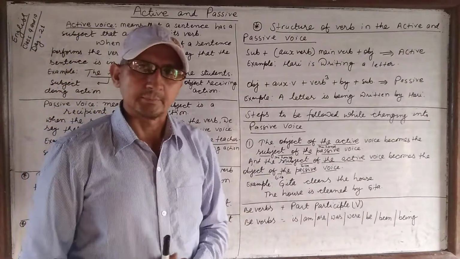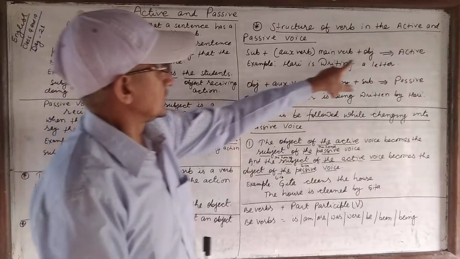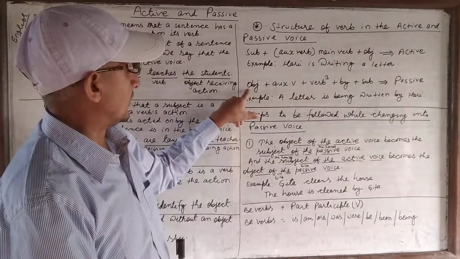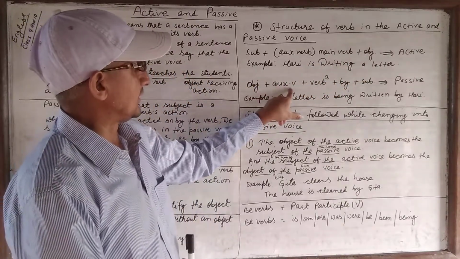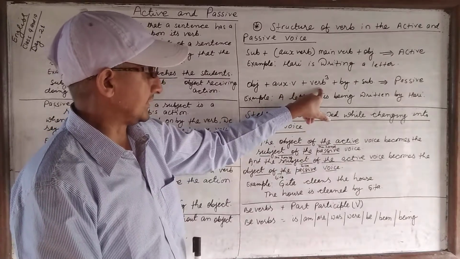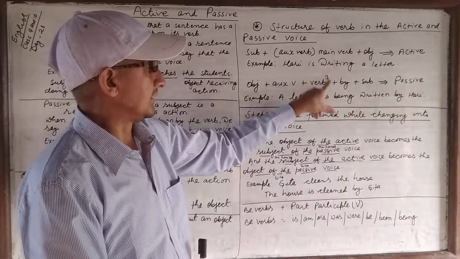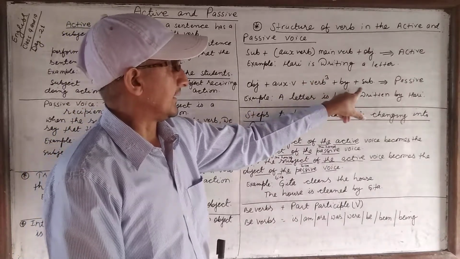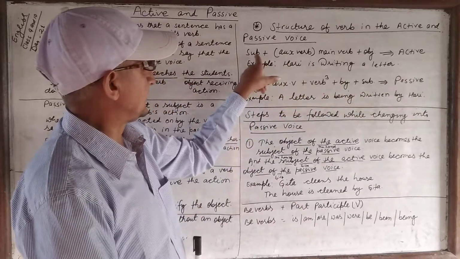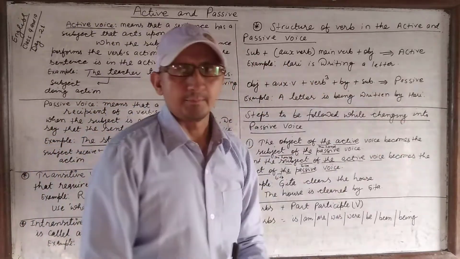And the passive structure is: the object of the active voice, and after that auxiliary verb and main verb. The main verb is in past participle form, that is V3. And then by, and then the subject of the active voice. So this is the structure of passive voice.